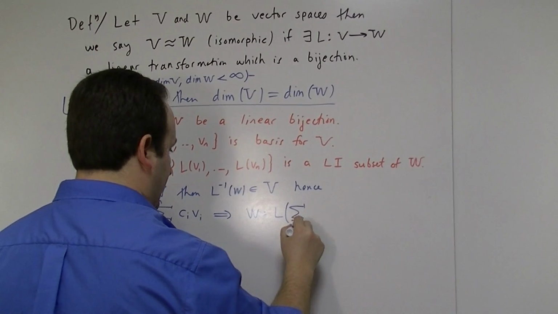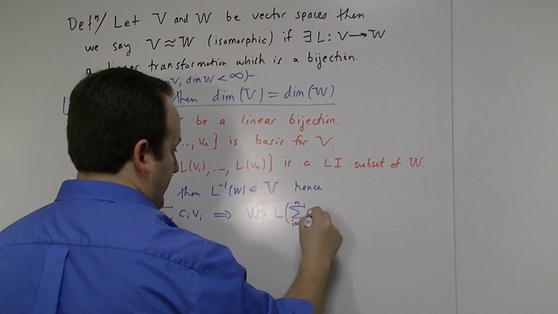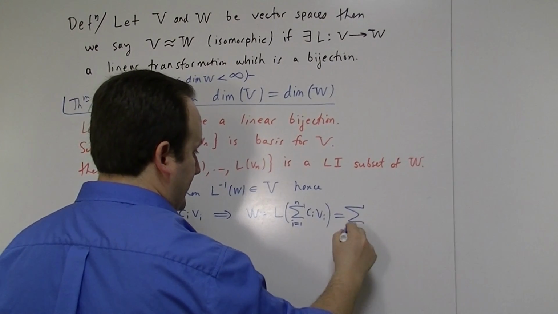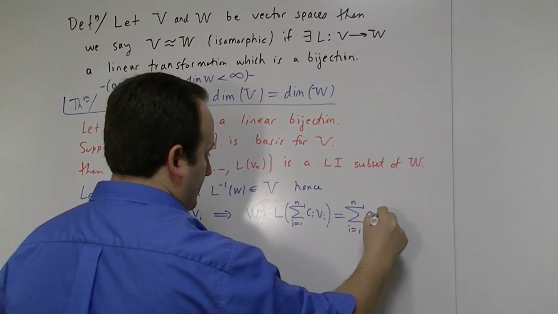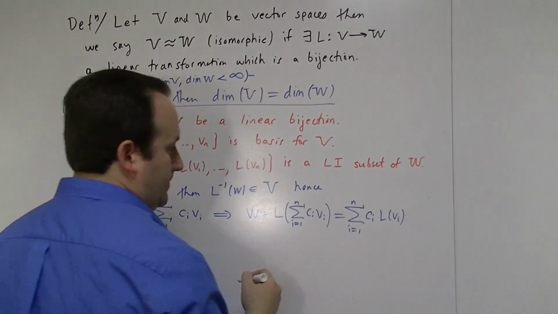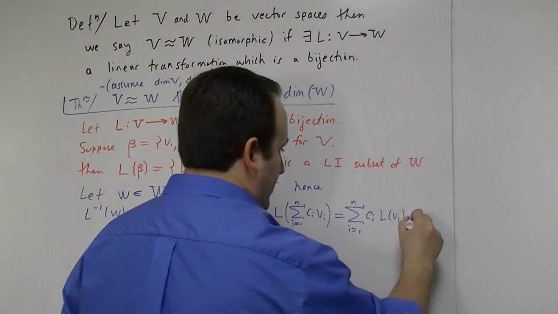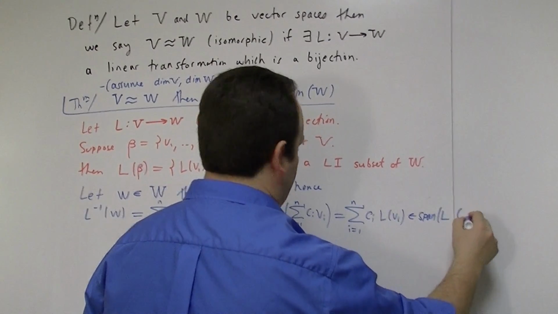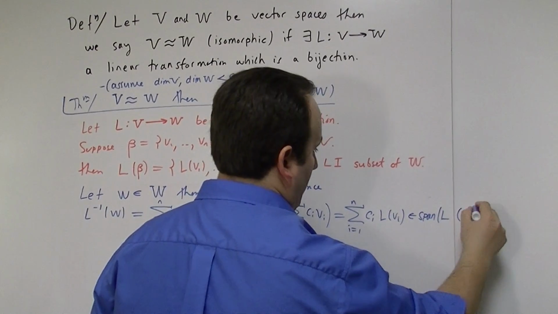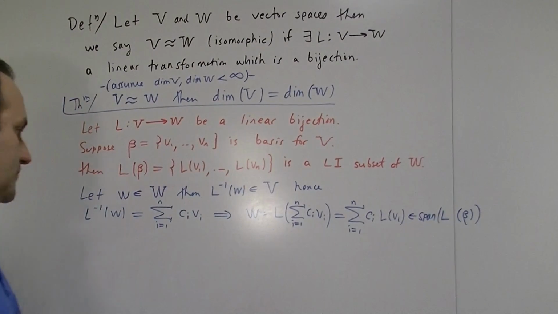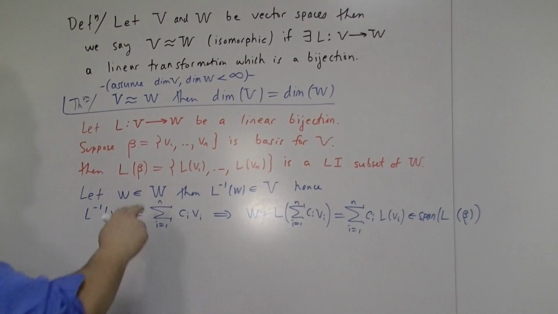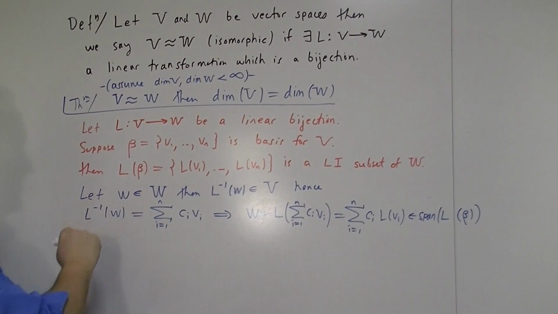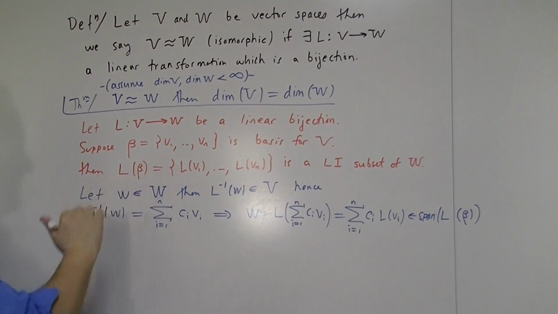But we can use the thing we proved earlier today to bring the summation out, because it's a linear transformation. Remember, we proved that by induction earlier. And that is exactly something in the span of L of beta. So in other words, this L of beta is a generating set for W. Anything in W is hit by the span of this.